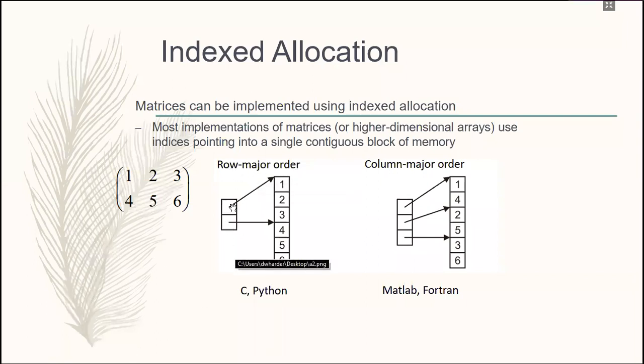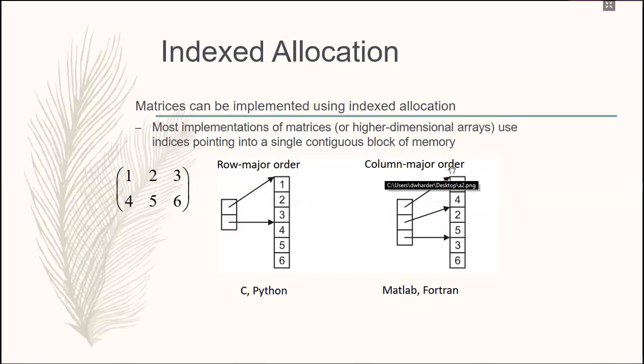That means the first row will be stored sequentially, and after that the second row will be stored in the same memory and pointed to by the second index. All these are indexes. This is the first index pointing to the first row. This is the second index pointing to the second row. Or we can do it in MATLAB or Fortran.